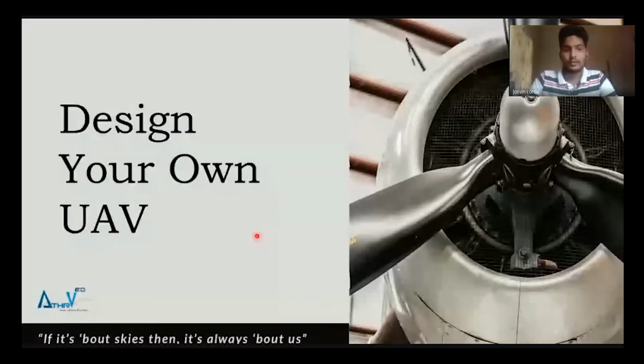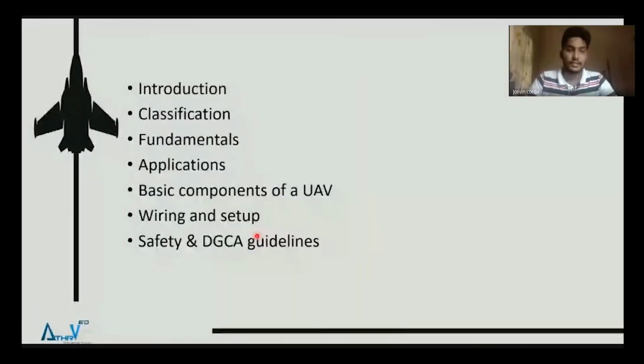Coming to what we'll learn in this session, we'll have an introduction, classification specific to UAVs, fundamentals where we will mainly concentrate on two types of UAVs, the applications of UAVs, the basic components, as in the bare bone minimum components required to fly a UAV, wiring and setup of a multi-rotor, just a basic wiring and setup guide for you to understand how a multi-rotor works, and finally safety and DGCA guidelines that have been set up by the government of India.